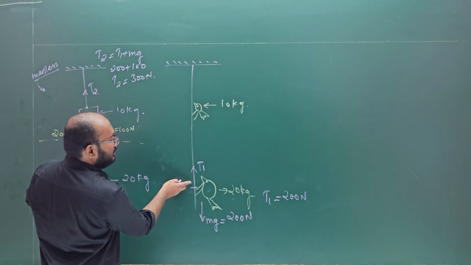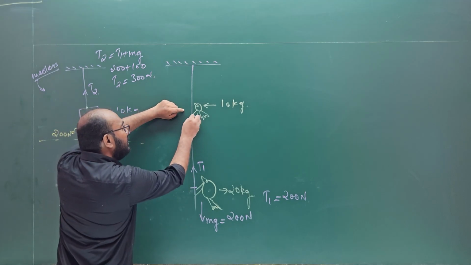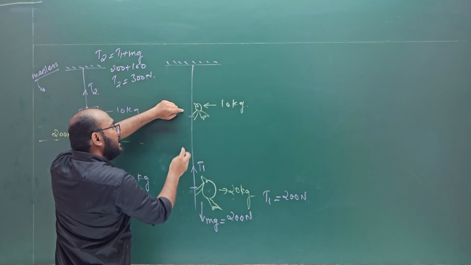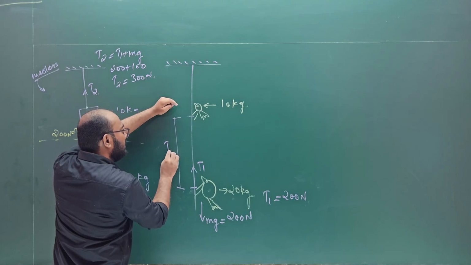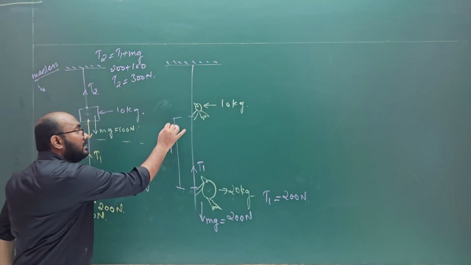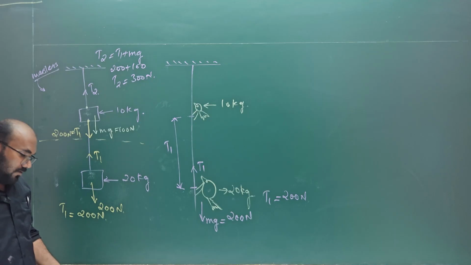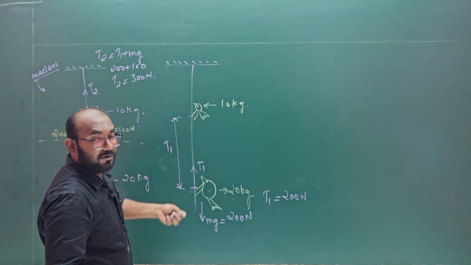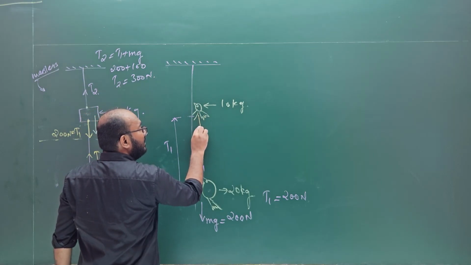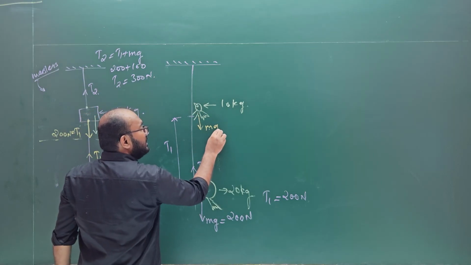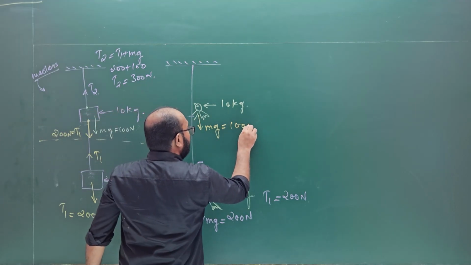So from where the bird is holding the leg of the other bird, from here to here, tension is the same, that is T1. From which point to which point? From this point to this point. Yes or no? Okay. This bird has its own mass, 10 kg, and it will apply mg, which is 100 Newton.